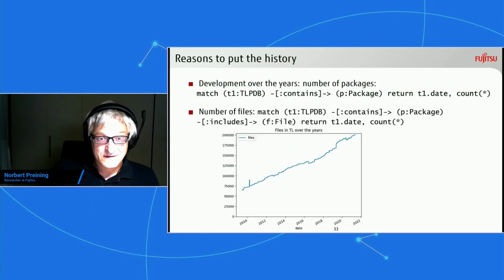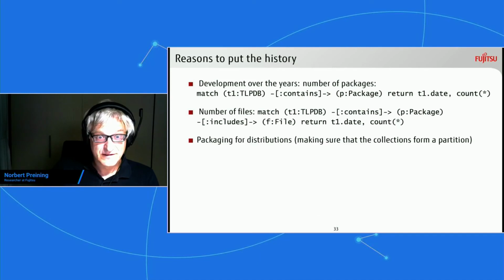This is a standard increase. Also the files, where there is a peak I don't understand. So this is the increase of files over the last 12 years or something. It's also, as I said, for packaging and distribution, having consistency checks so that we don't have problems at all times. And also because it's fun to have all this kind of stuff around.